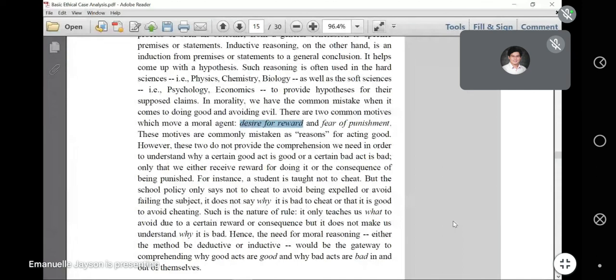Kumbaga hindi mo naintindihan bakit kailangan pumasok lang hanggang alas 5. So, itong motives na ito will not make us understand why a certain action is bad in itself or good in itself.